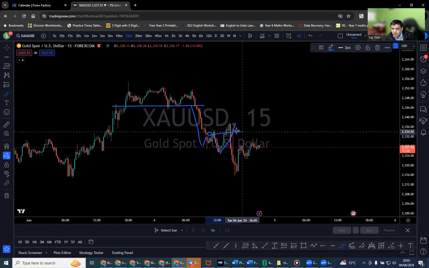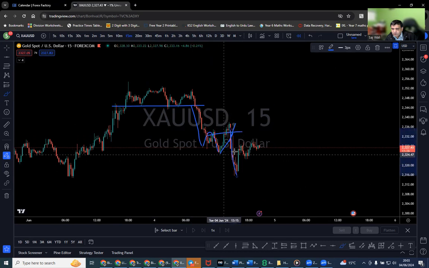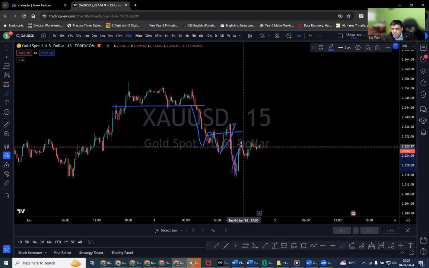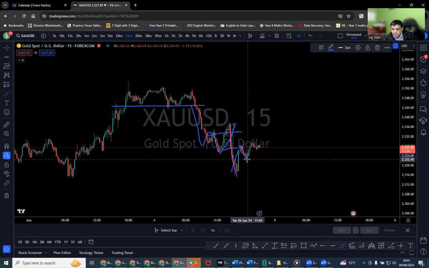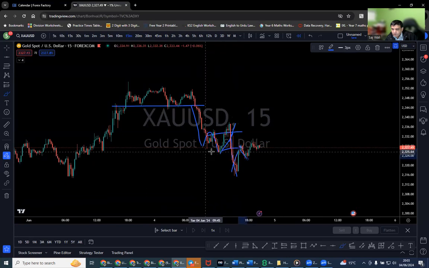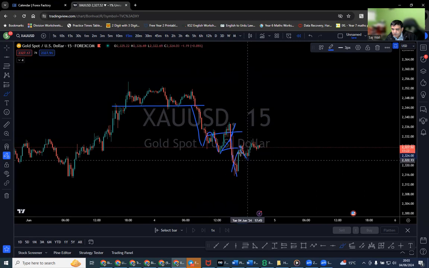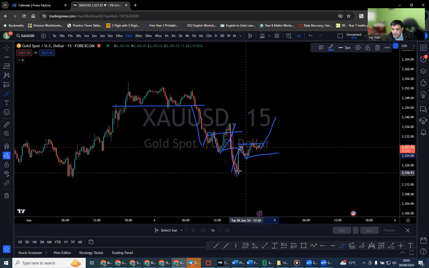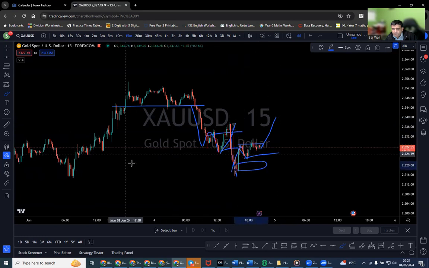It broke above the break of structure again, and now retracement and sell trade. So this is what's happening at the moment. And now for gold to go buy, it can go from here, here, or even from this level.